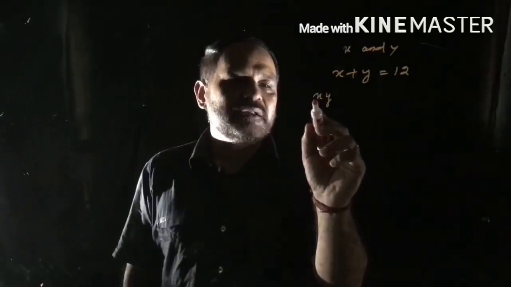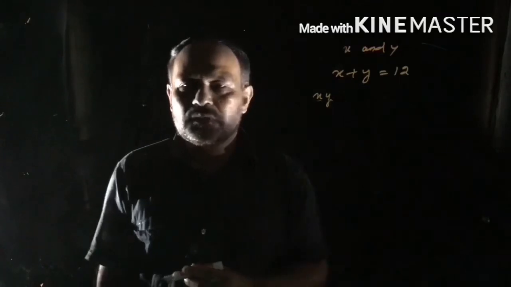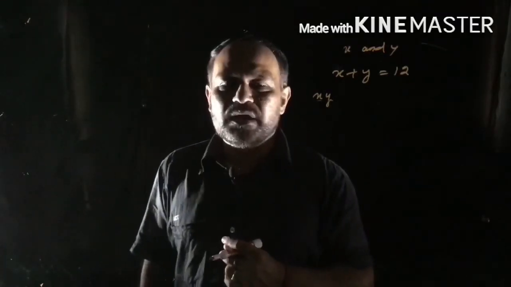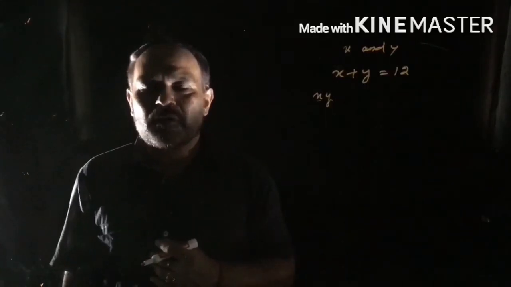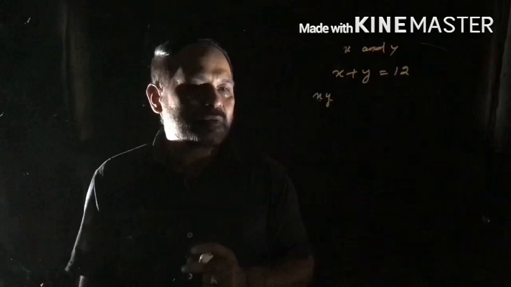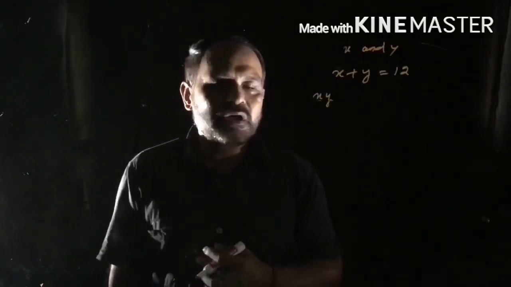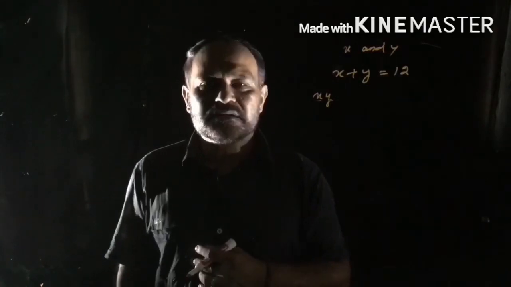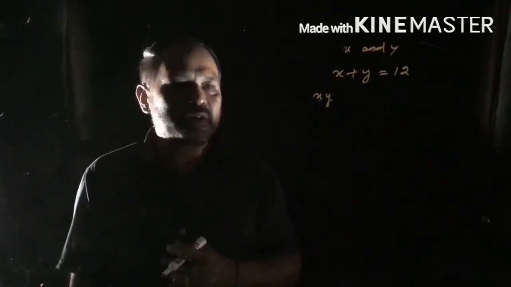In xy there are two variables. We know that in this process we can find the maximum and minimum value of a function having one variable. There are two variables x and y. Now we have to change this into one variable.